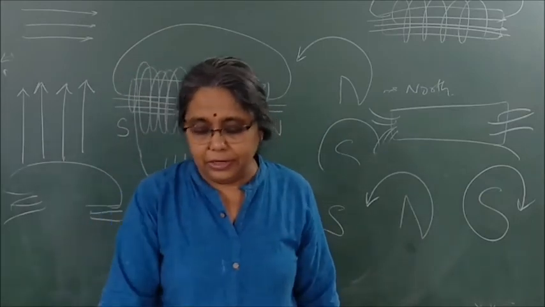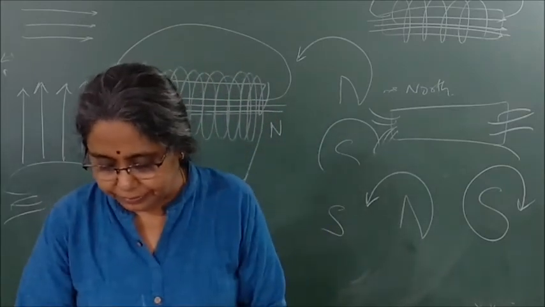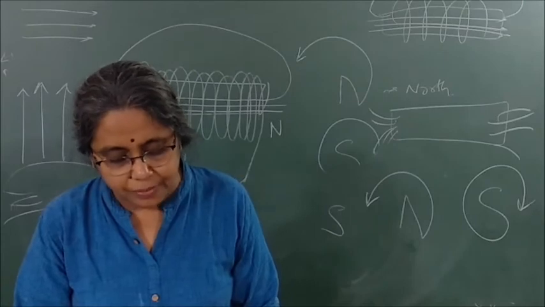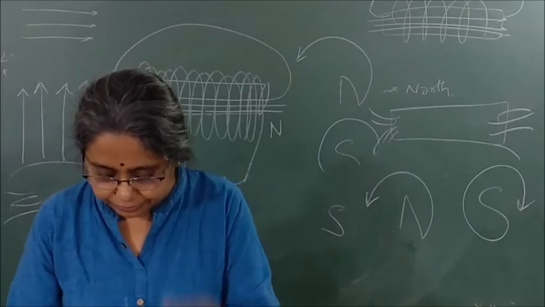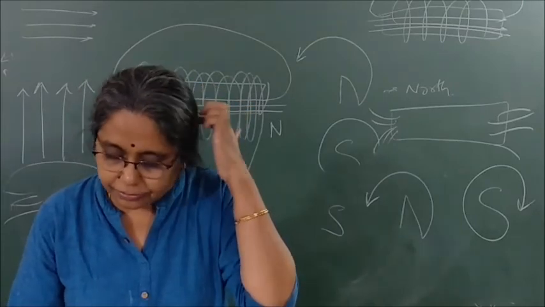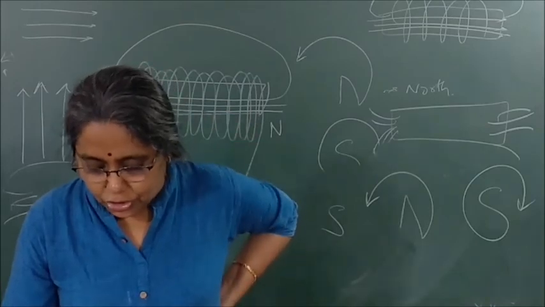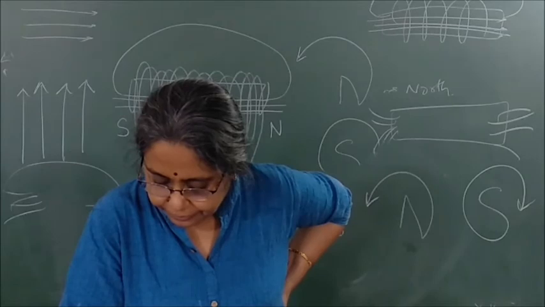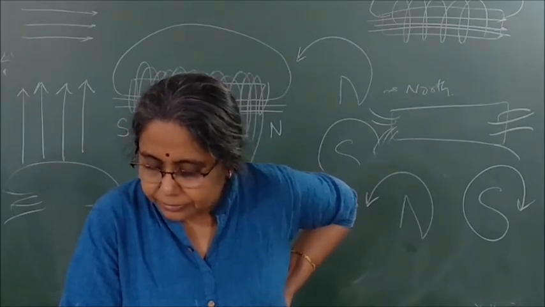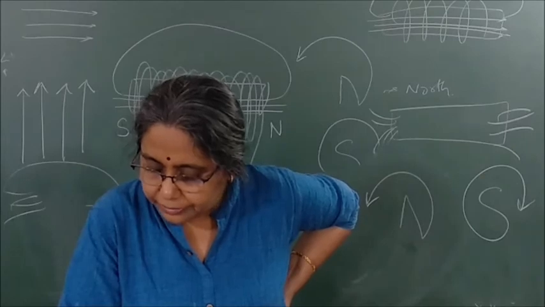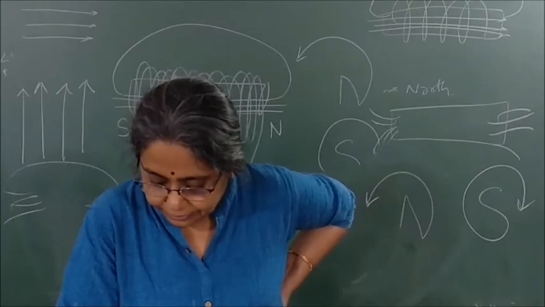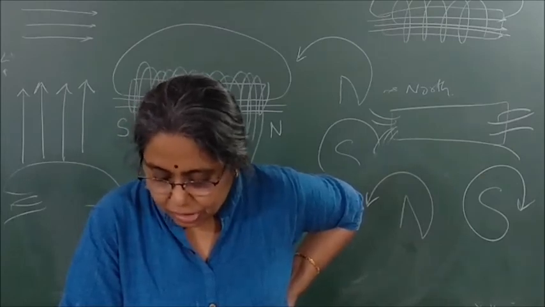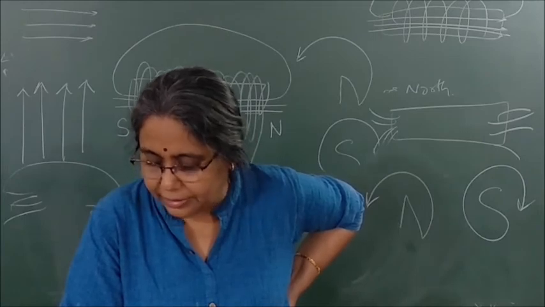So now please write in your notebook: how is the magnetic field due to a current in a solenoid detected?